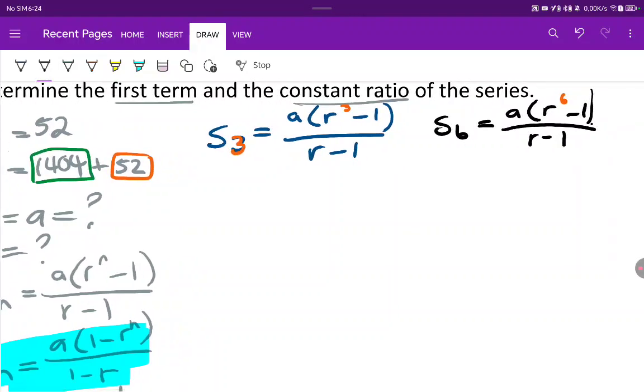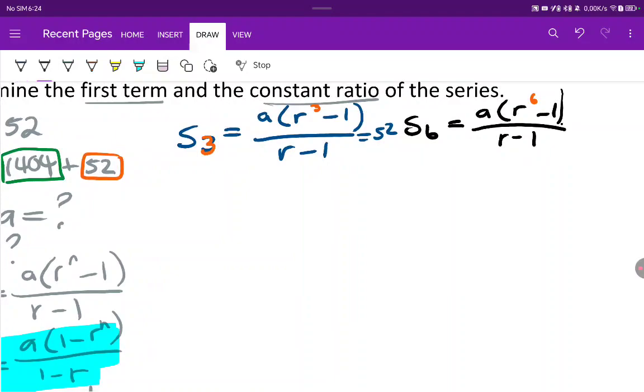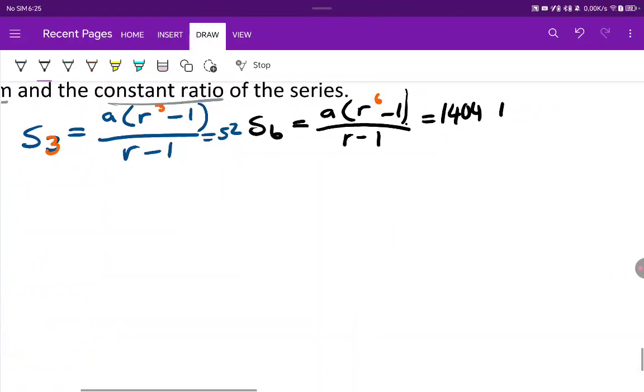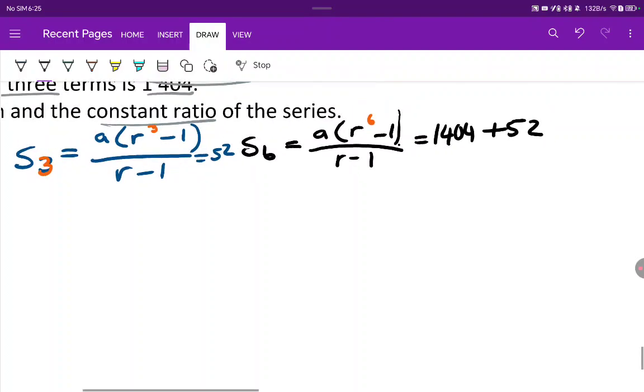So the blue one is equal to 52. Sorry, I should not have written so close. And the second one is going to be equal to 1404 plus the 52. If we add that up, we get 1456.